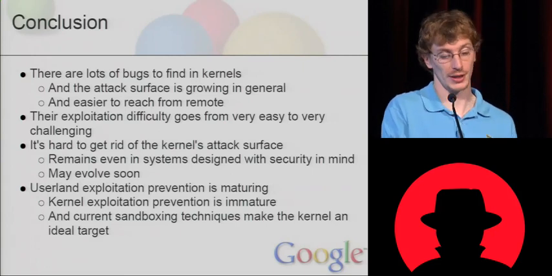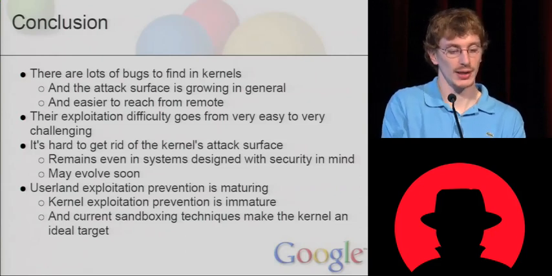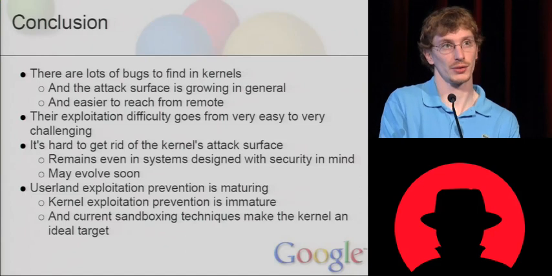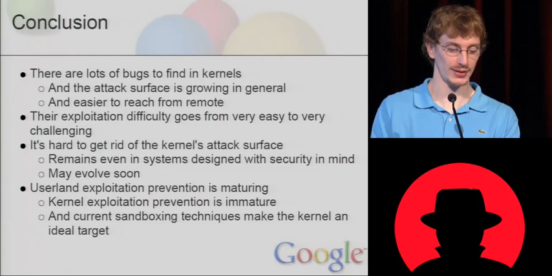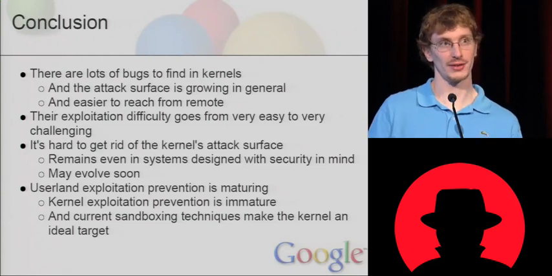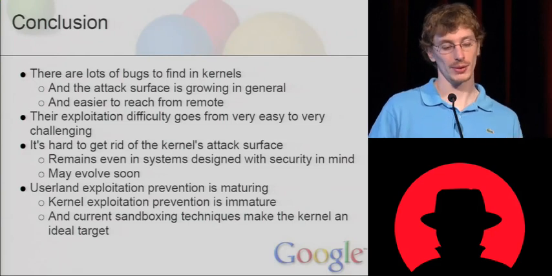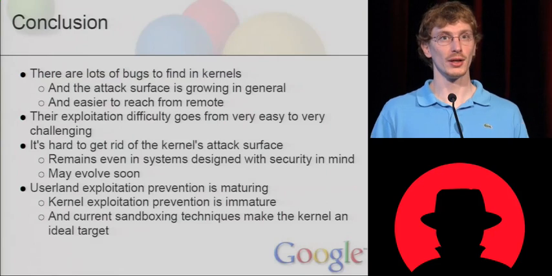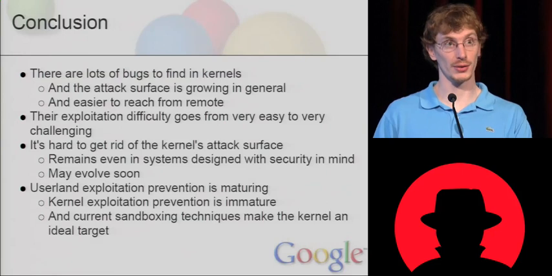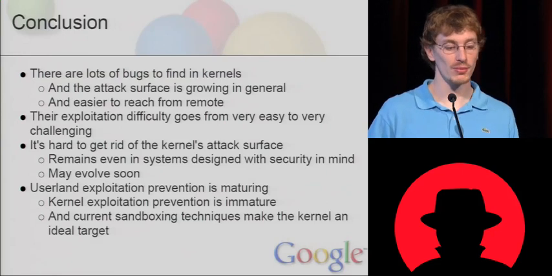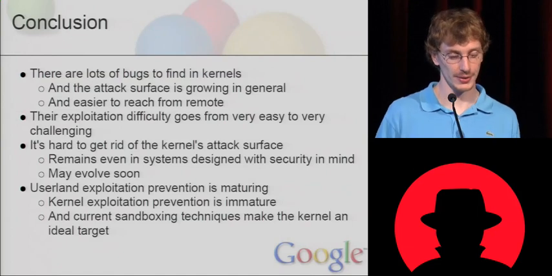The attack surface is growing in general. And the really interesting thing that's not necessarily expected is it's actually easier to reach this attack surface remotely. If you've attended our talk on virtualization at PacSec, we said a similar thing for virtualization, because basically, for performance reasons, people want to design systems so that everything goes through as fast as possible to the hardware, and there is more and more low-level attack surface exposed remotely, which might be unexpected.